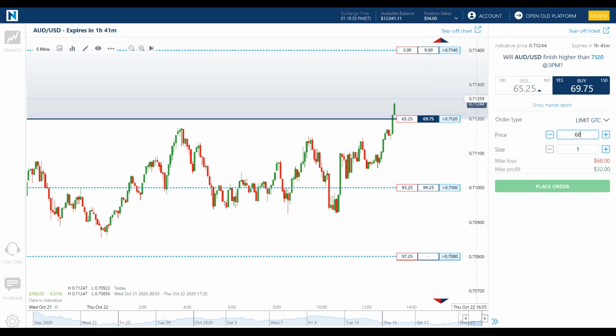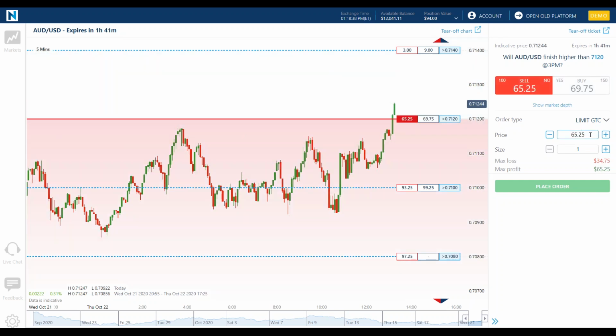If I thought it was going to be lower, I could sell it. Let's say I sold one at 68. I think, you know what? It's above this level right now. Here it is. It's at 71.24. But I do think it's going to sell off down below 71.20 in the next 1 hour and 41 minutes. Notice the red on the chart is where I would need the contract to settle for this to be a profitable trade. If I sold this at 68, and it went to 0, I could potentially make $68.